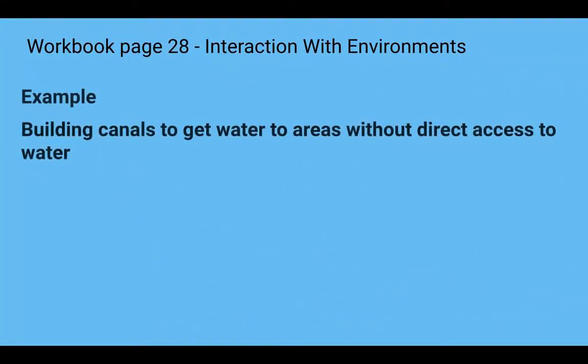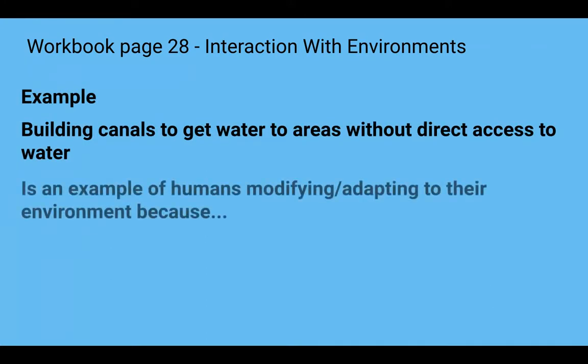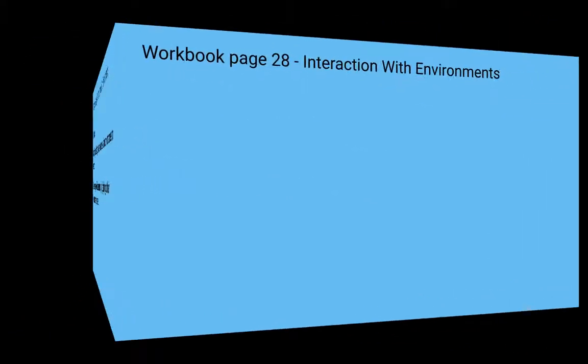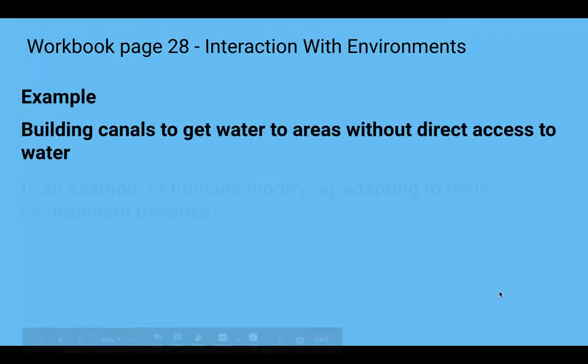Okay, our next one, building canals to get water to areas without direct access to water. So this is an example of humans modifying or adapting to their environment because, I want you to check your answer. Remember, yours doesn't have to match mine exactly, but it should be about the same idea.